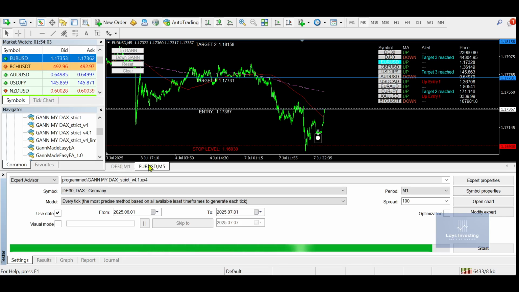This risk current pair only shows the gain and the loss of the pair you're running the expert for. But suppose you are also doing some manual trading in parallel and you don't want to include those losses and profits, then you say true here.